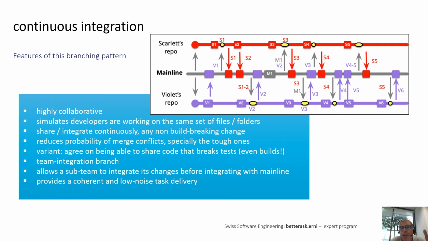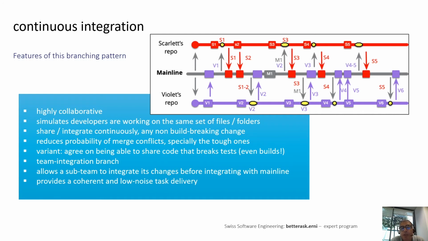As you see here in the diagram, it consists in integrating continuously, updating maybe at least every hour. Every hour when I have something, I commit and I share, and give me yours. So we are all the time exchanging. It's like simulating that we are working on the same set of files and folders. So we are integrating continuously.